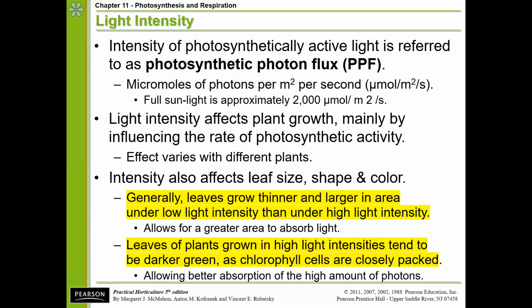In high light intensities, though, leaves tend to be darker green because the chlorophyll cells are more densely packed together, which in turn allows for better absorption of the high amount of photons, photons just being that light energy. Again, we're looking at moles per meter squared per second. And an important thing to note here, full sunlight is approximately about 2,000 moles per meter squared per second.